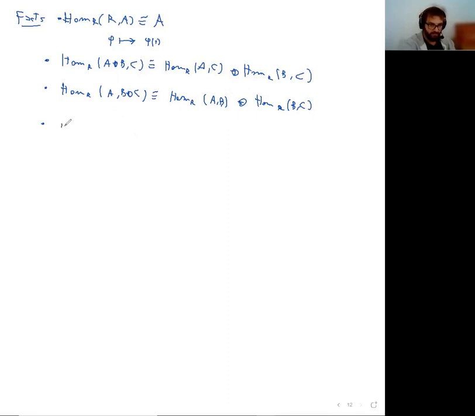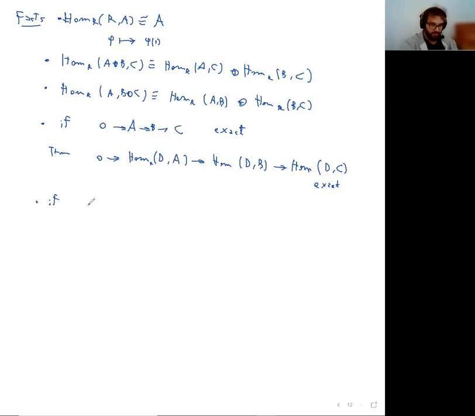And then you have something about exactness. So if 0 goes to A, goes to B, goes to C is exact, notice this is not a short exact sequence, because we're missing the 0, then the associated one is exact, where D is just another module.